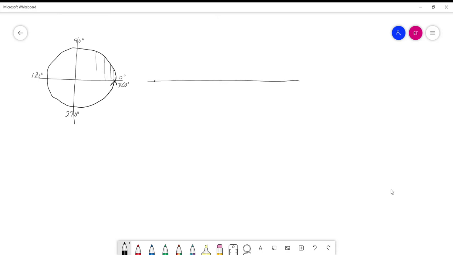This is growing and then shrinking, right? That was the first 180 degrees, so it grows and then shrinks.